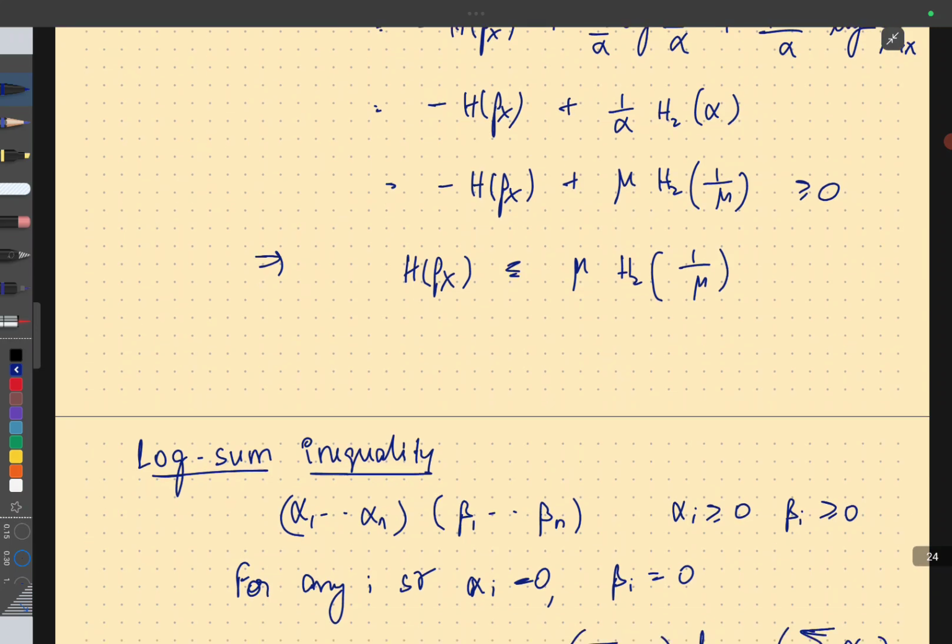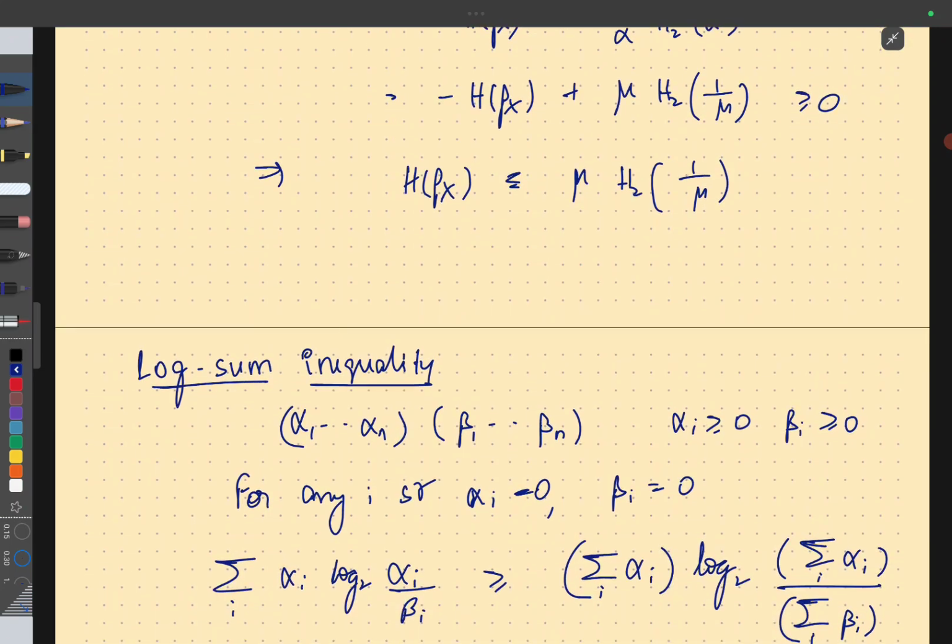You can just double check, but effectively what you should get is that the entropy is 1 by alpha times the binary entropy of alpha, which should be equal to minus log alpha minus 1 minus alpha by alpha times log 1 minus alpha. Let's see.